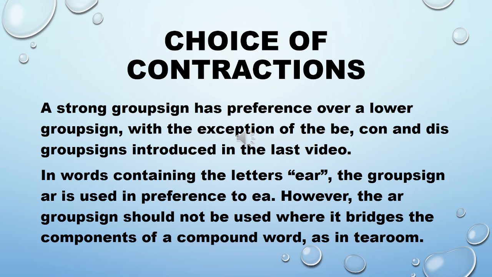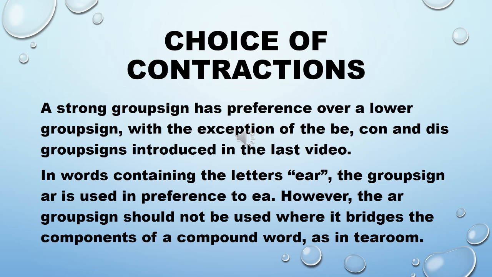Like in the previous videos, the strong group sign has preference over a lower group sign. However, with the exceptions of the lower group sign B, con, and dis, which are all featured in the previous video.